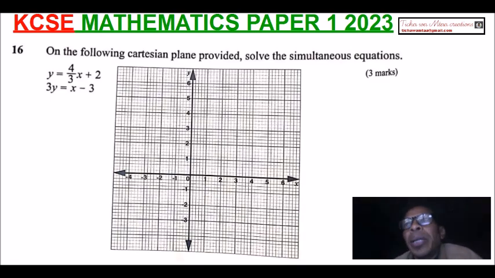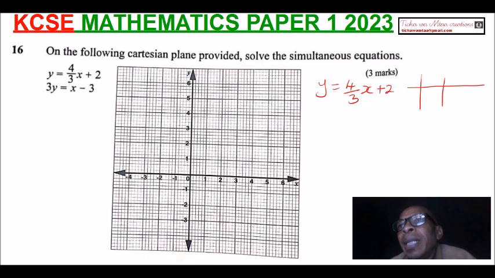To solve these simultaneous equations, we need to plot these graphs. To be able to plot this graph, we need tables which will help us plot. So we have 4/3 x + 2. We make a table here, and we say this is our x and this is our y.